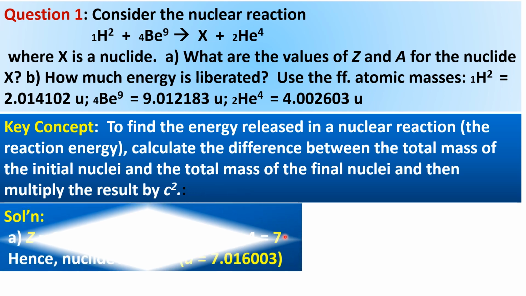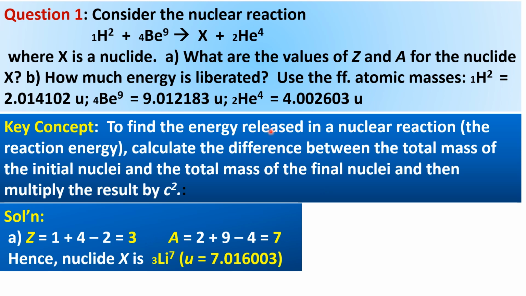Alright, so for our first question, determining the atomic number of the unknown nuclide X. So what we do is, we just add the atomic number of deuterium, which is 1, plus the atomic number of beryllium, which is 4, and then deduct the atomic number of an alpha particle, which is 2.